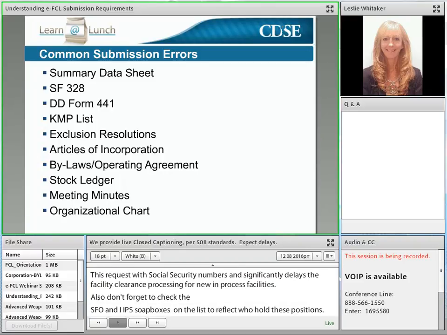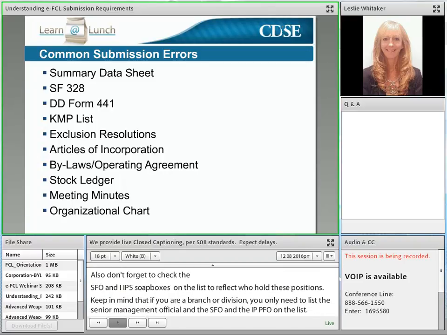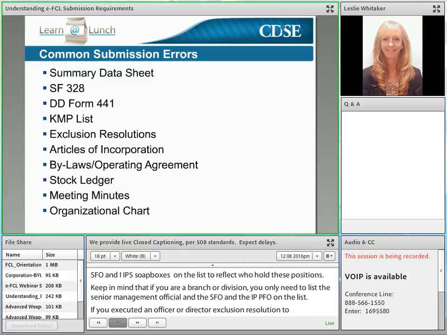If you've executed an officer director exclusion resolution to formally exclude non-essential KMP from having access to classified information, make sure you identify this exclusion status on the KMP list and upload this exclusion resolution into your eFCL package.